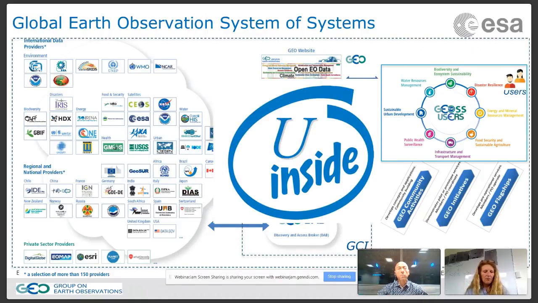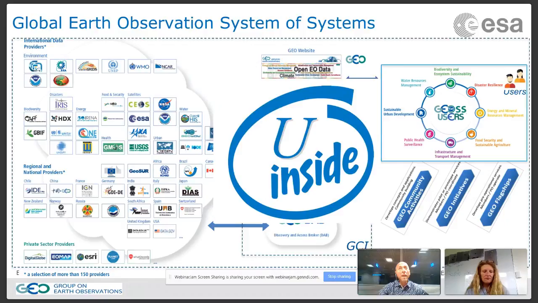One of the duties of ESA within GEOSS, together with providing satellite data, is to develop and host the GEOSS portal. But since a couple of years now, we have in mind just the end user and the community of users.